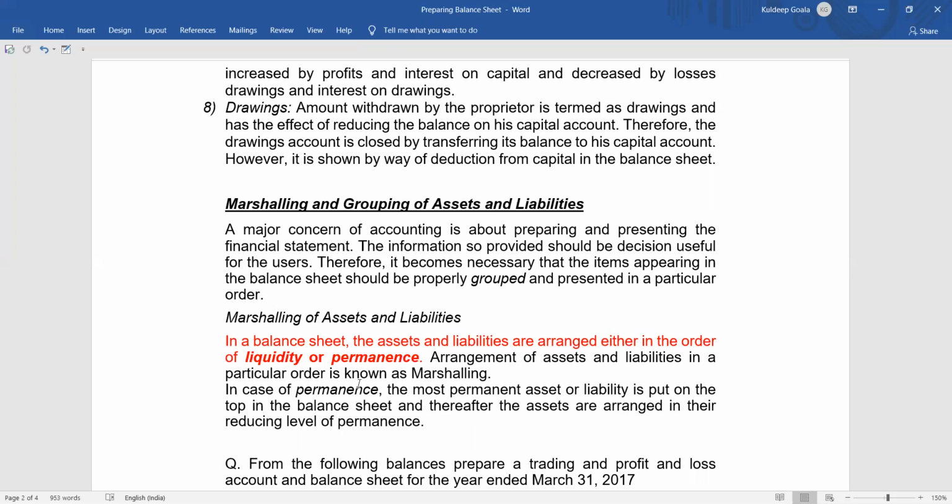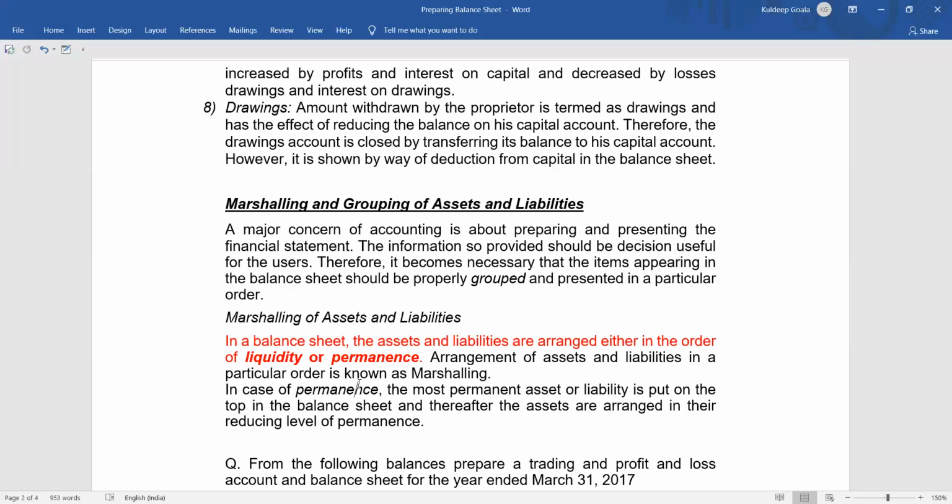First of all, liquidity. Liquidity means any asset which is going to have a very short life will be written first, followed by those assets which have more age.